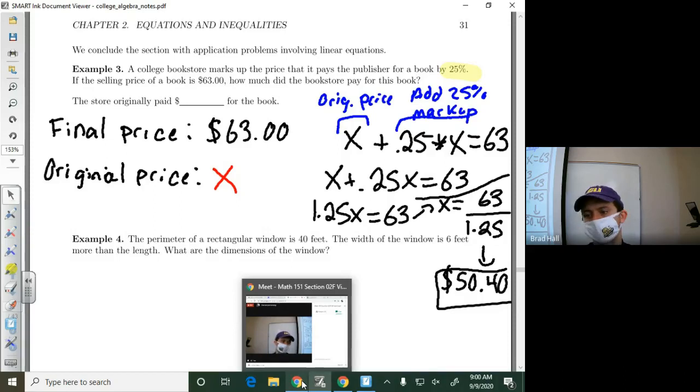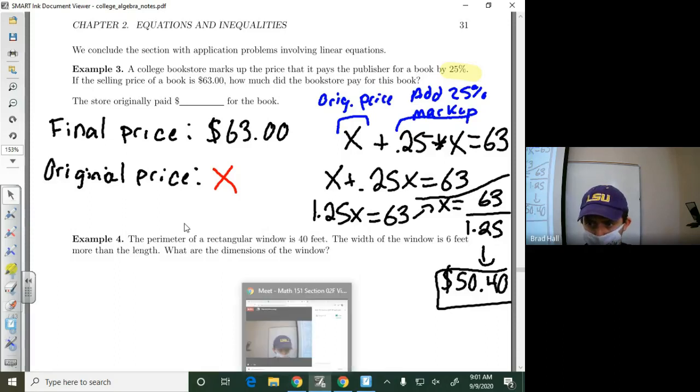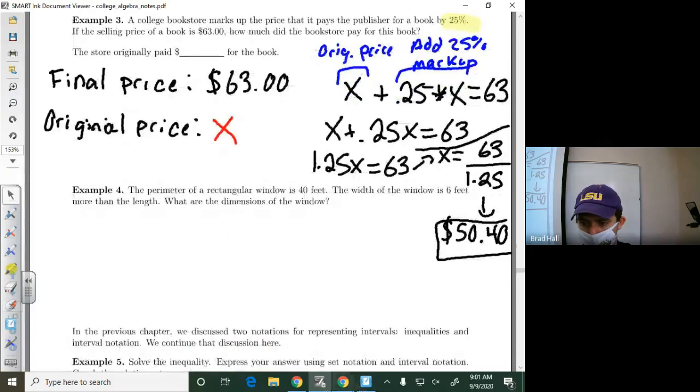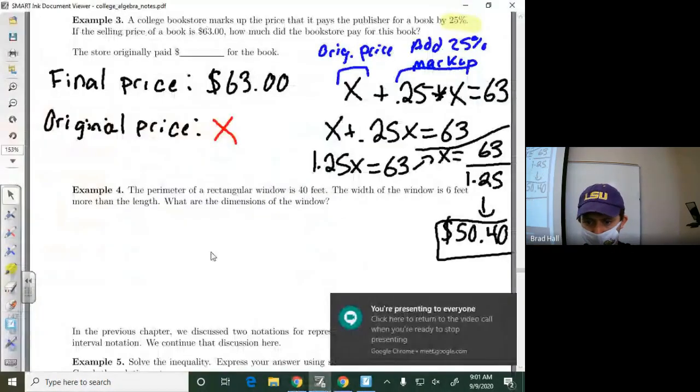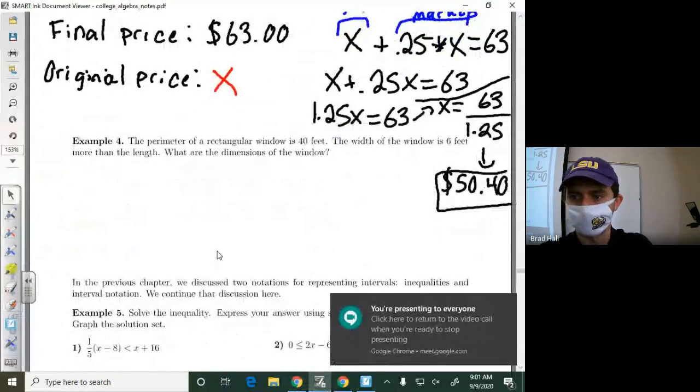So they made a profit of a little under $13 for the book. Does anyone have any questions about this one? If not, let's go ahead and look at example 4 as well.